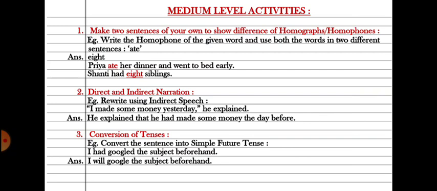They may differ in spelling as well. For example, rose, R-O-S-E, as in the flower, or rose as in the past tense of rise. Rain, R-A-I-N, and reign, R-E-I-G-N.